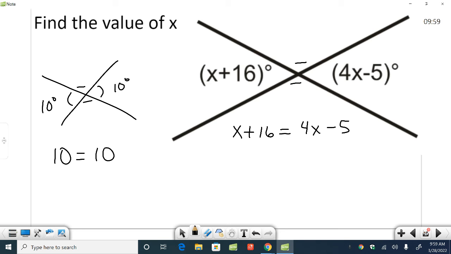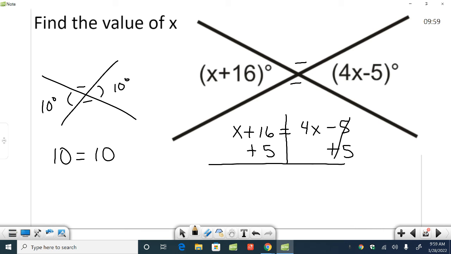So now not only are you having to combine just the basic like terms, you're going to have to combine everything that looks alike. So you're going to be shifting things back and forth. So let's combine the things that look alike. We'll do exactly what we did before. Let's add the 5 to both sides.